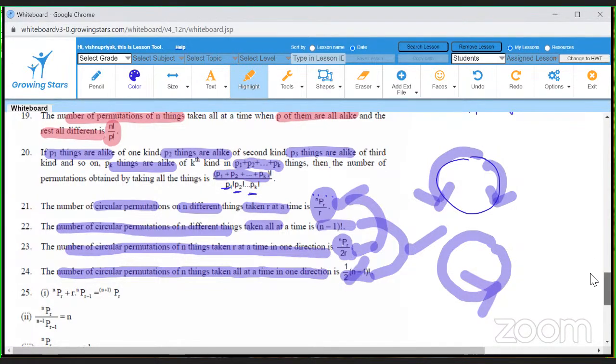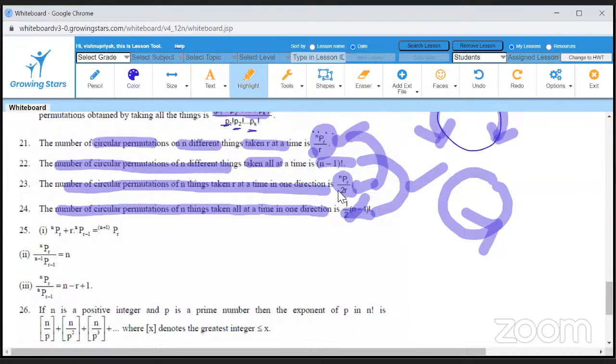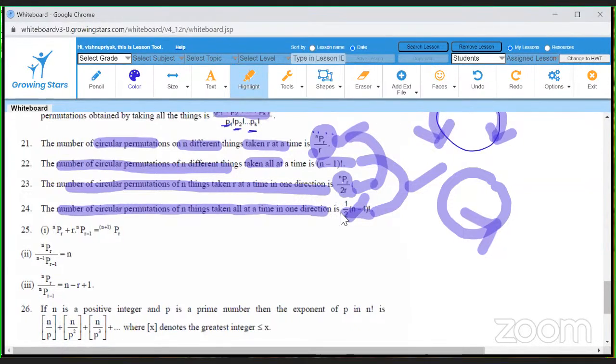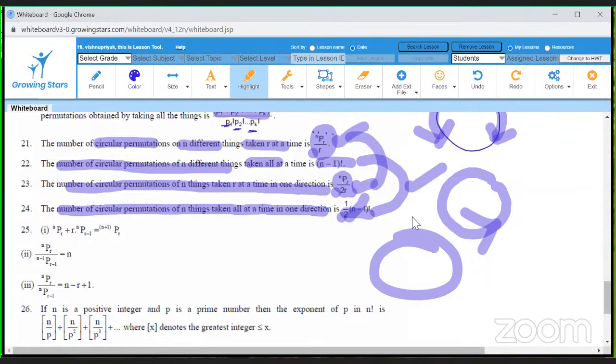When it is in two directions, in the denominator you don't have 2. When it is in one direction, the denominator is 2 because you are halving the total number of permutations.